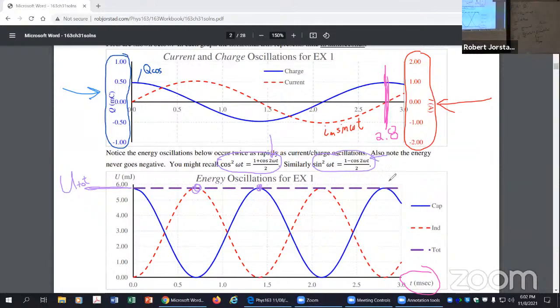So we say that the energy oscillations are twice as fast, right? The cosine squared function oscillates twice as fast. That's the same thing as capacitor fully energized with positive polarity, capacitor fully energized, negative polarity. And so that's why it happens twice per cycle. Is everybody cool with that?